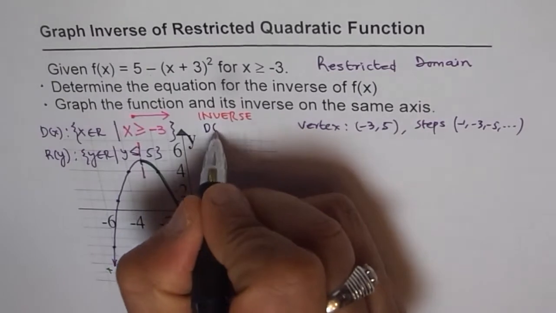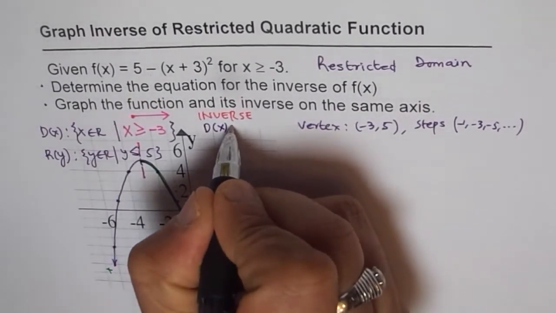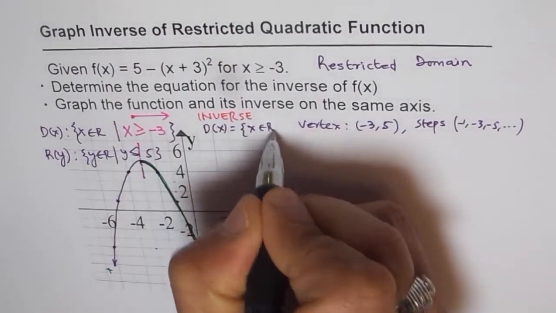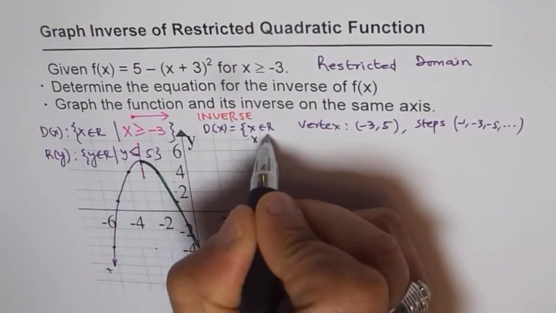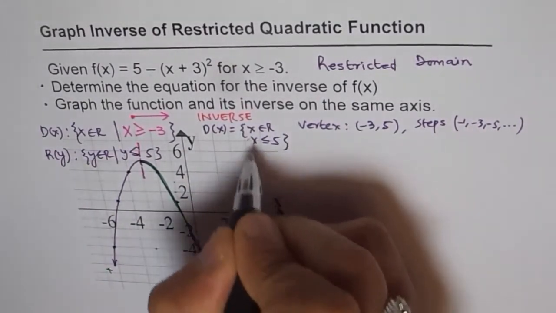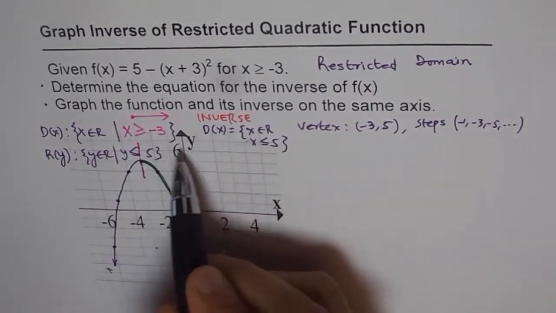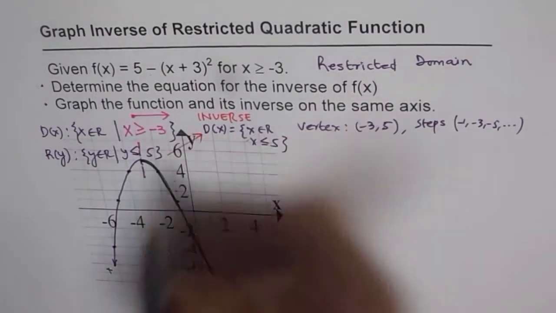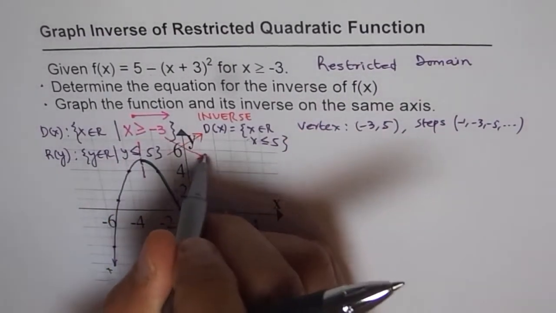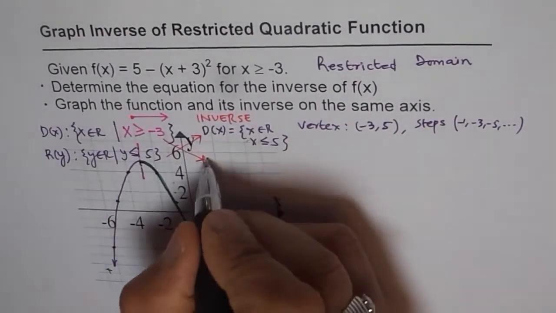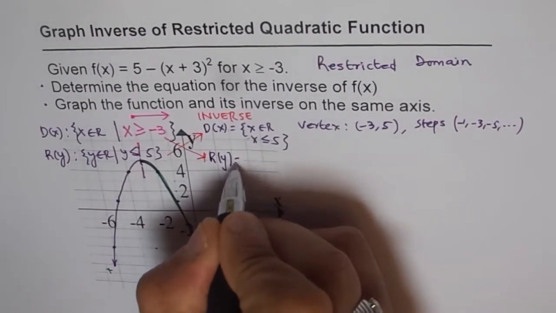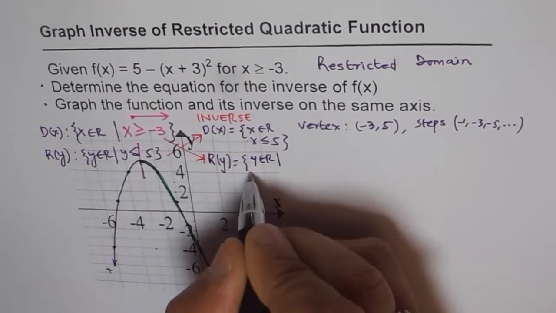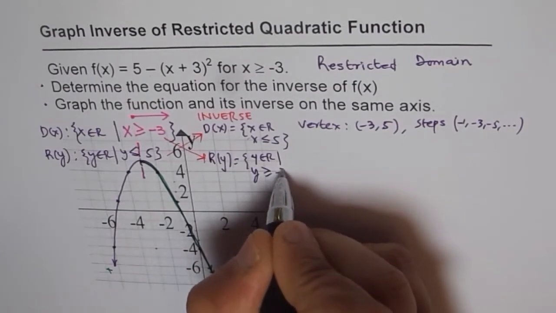So the domain of the inverse will be x belongs to real numbers where x is less than or equal to 5. Do you see that? That is this swap. And therefore, the domain is going to be this, and the range will be that. So the range of the inverse function is y belongs to real numbers so that y is greater than or equal to minus 3.